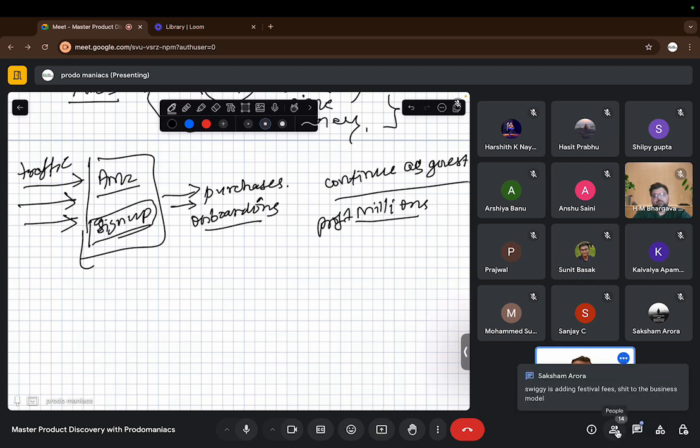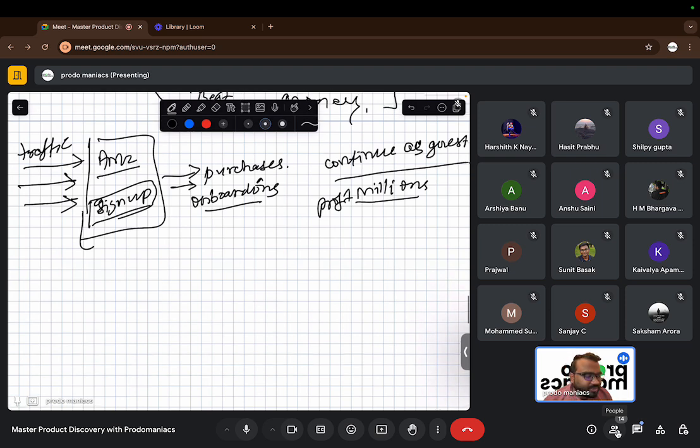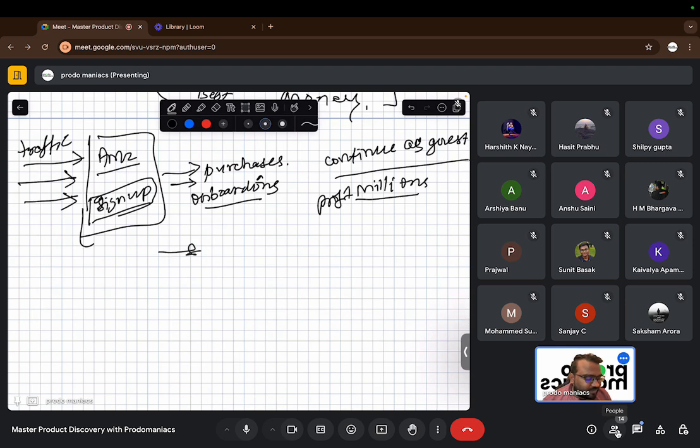So festival fees, yeah, of course. Again, for the festivals, if you go onto our application, which is Olive, you'll find a festival theme, because a lot of apps are now doing festival themes. Now we have also started doing festival themes on our home screen, but of course we don't charge on festivals. That is not our business model. But if they will be using it at the right place, then it is good.